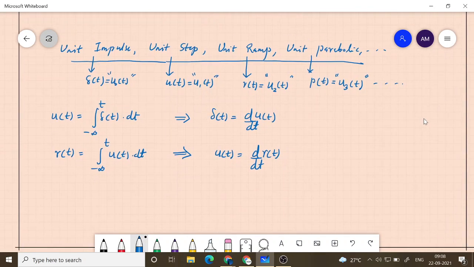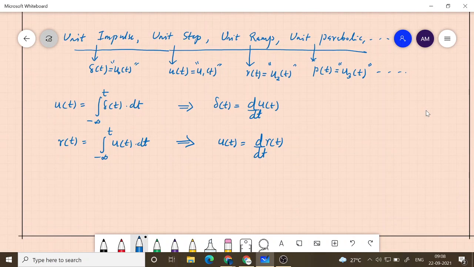So this is the relationship between unit step and unit ramp signal.